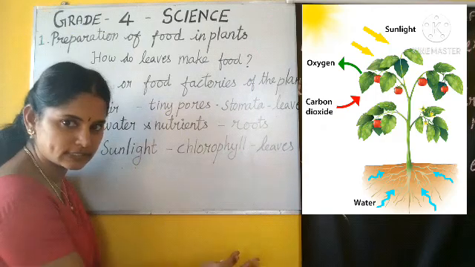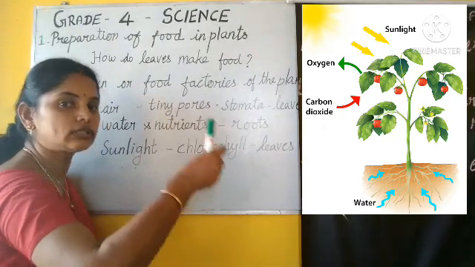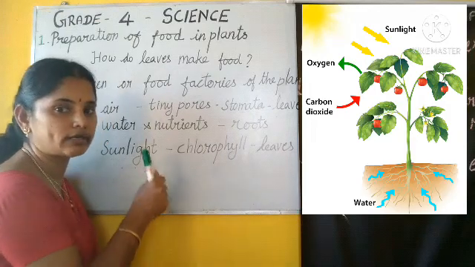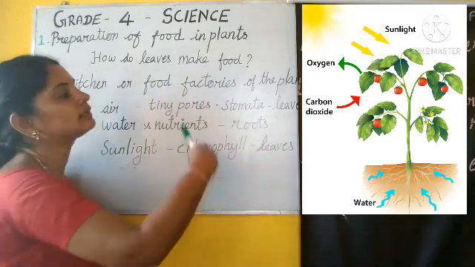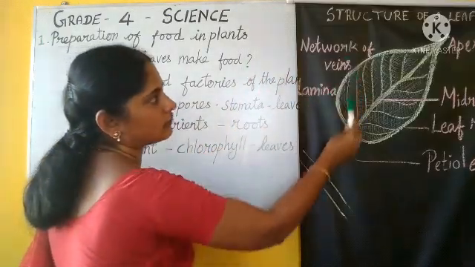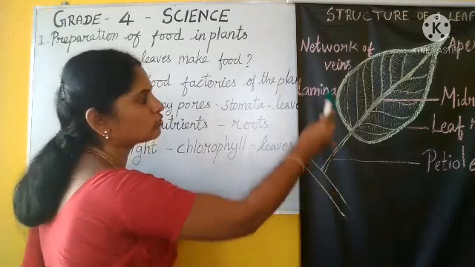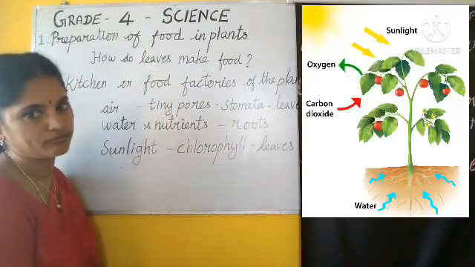They are present in the soil. Through the root, the plant absorbs that water and minerals. Then they pass it through the stem and it reaches the leaves. In leaves, a network of veins is there. Through the veins, it is supplied to every cell of the leaf.